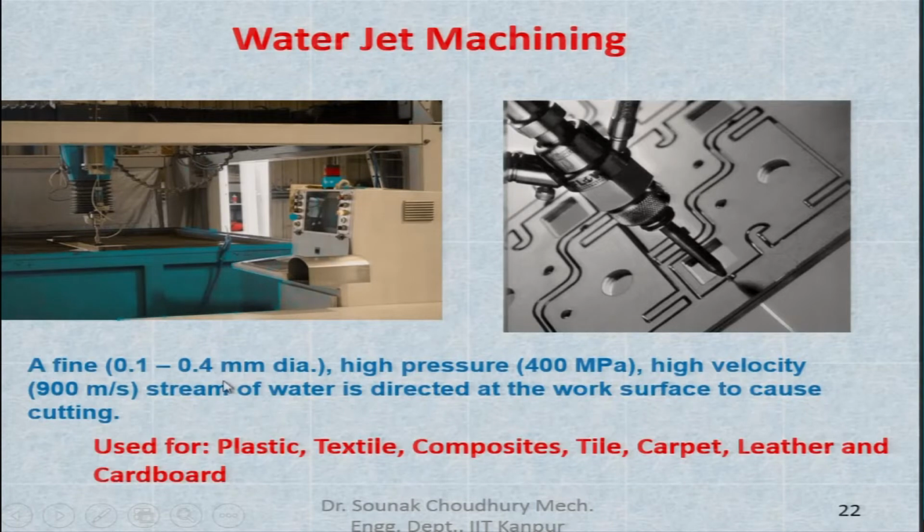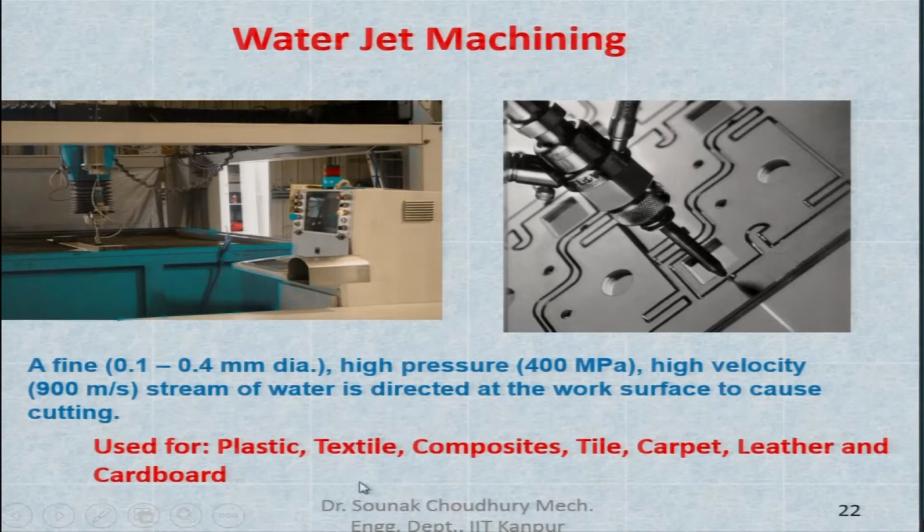Now, the fine stream of water has a diameter of 0.1 to 0.4 millimeter. As I said already, the pressure is up to 400 megapascal, high pressure, with a high velocity of up to 900 meters per second. The stream of water is directed at the work surface to cause the cutting.